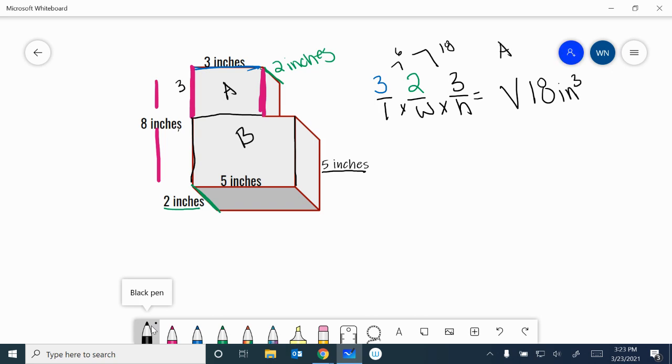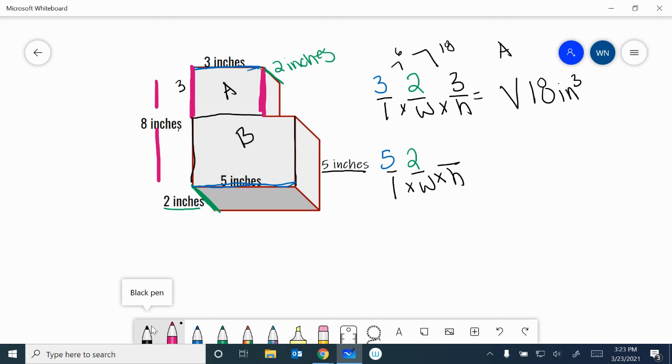Now this is figure A. Now let's look at figure B. Again, we want length times width times height. So let's look at that length. We know that the length is 5 inches because it's right here. That's how long it is. We already know that our width is 2 inches because the width stays the same. Now we have to find our height.